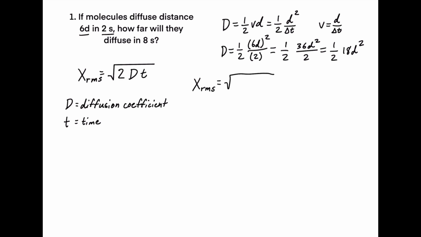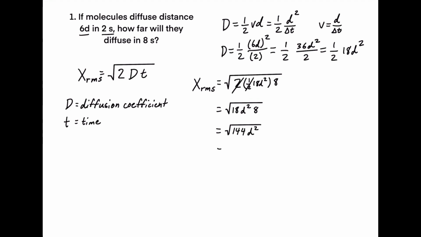equals the square root of 2 times 1/2 18d squared times 8. So you can see our 1/2 and our 2 cancel out, and then we get the square root of 18d squared times 8, which is the square root of 144d squared.